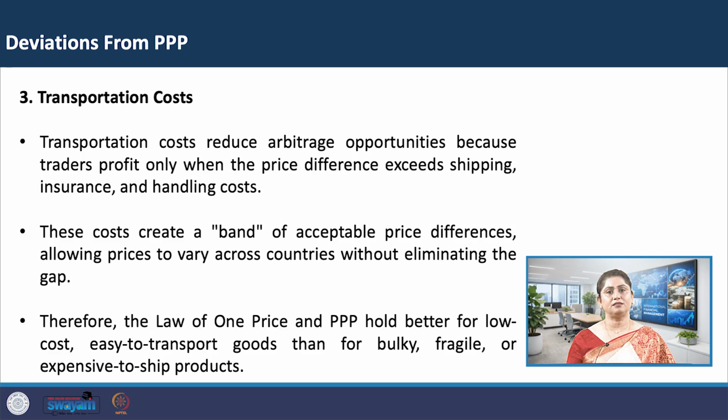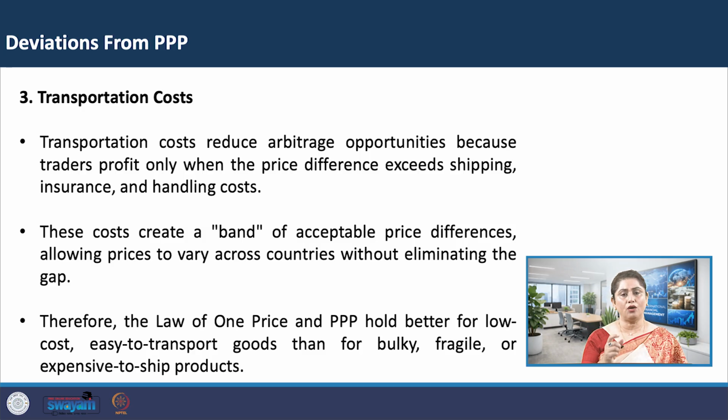Only when the price difference becomes larger than the cost of moving the goods will arbitrage become worthwhile. This means that the transportation cost creates a range or a band within which prices can differ across countries without anyone trying to profit from the differences.